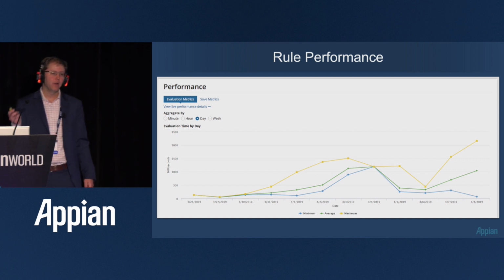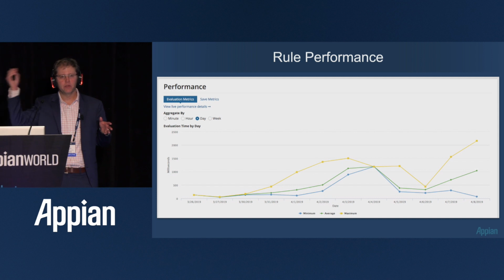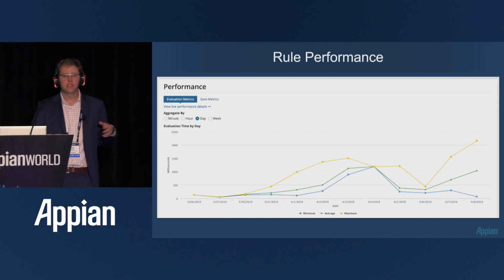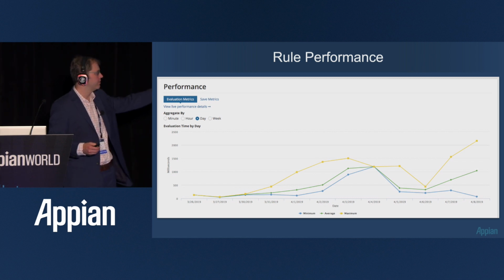Furthermore, we still have rule performance metrics, a whole history of them. So we not only capture the slow ones and bring those to the surface. For any interface or any expression rule, you can drill in to the performance history and see how it behaved over time. This is really essential when you're load testing. You can see, okay, here's how it performed on the run that we did March 31st.